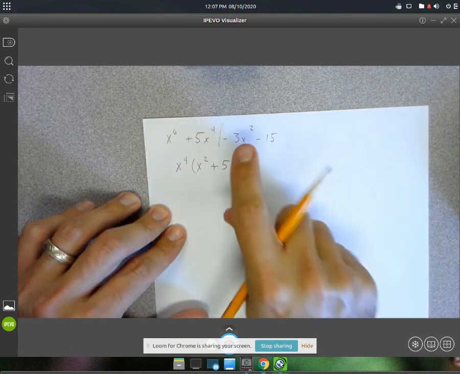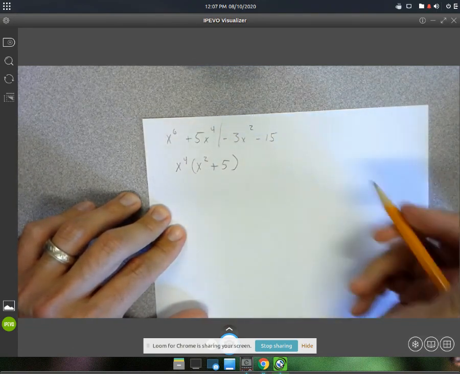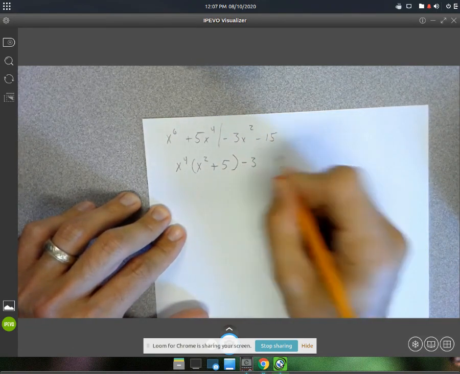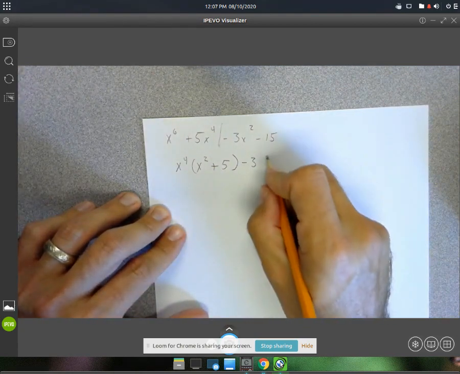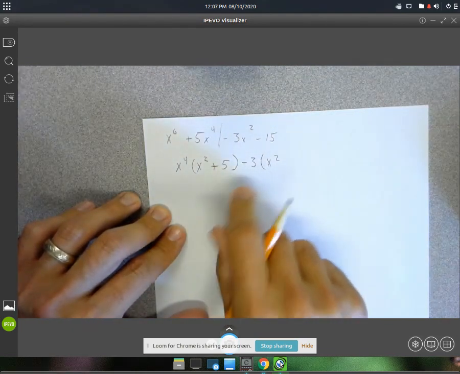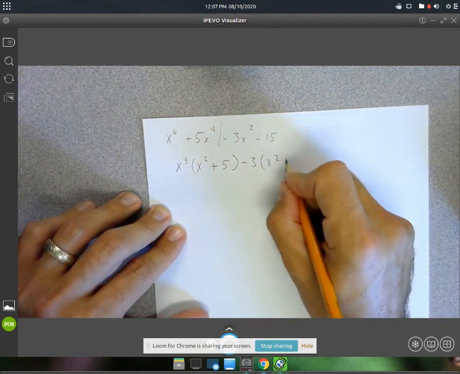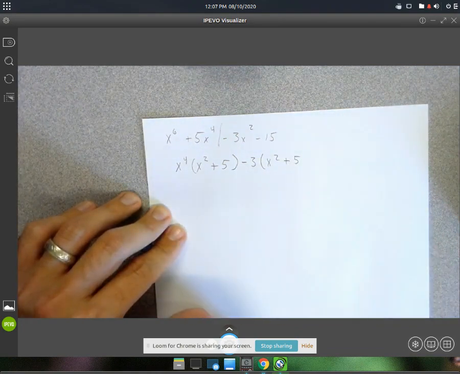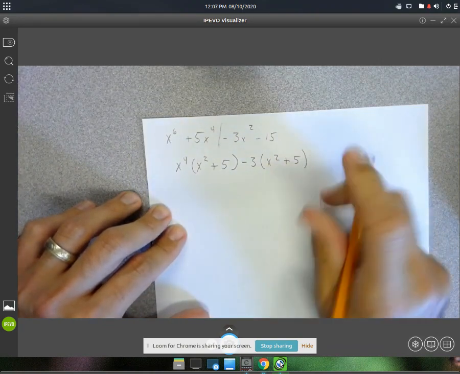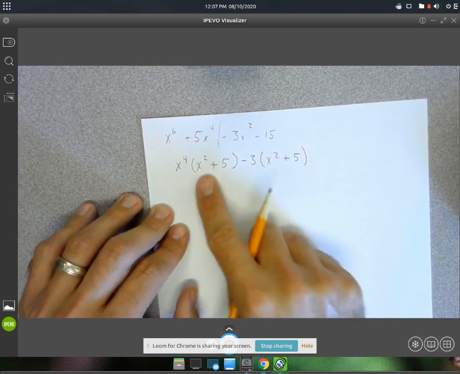All right, here they have a 3 in common, so we'll factor out a negative 3. And then this will be an x squared to get negative 3x squared, and this has to be a positive 5. Usually you'll know what to factor out here based on this.